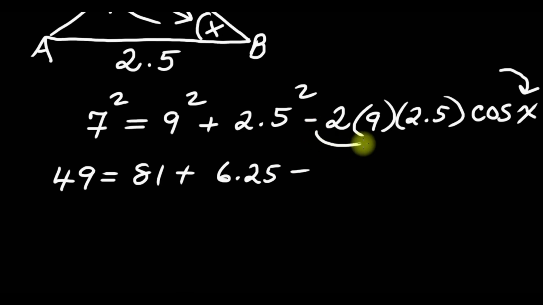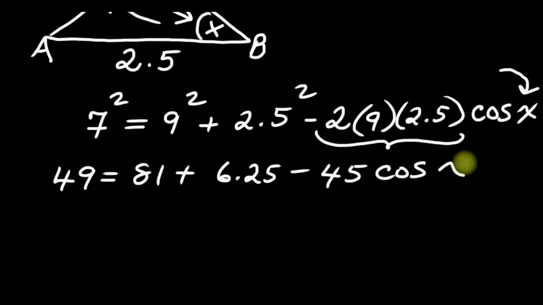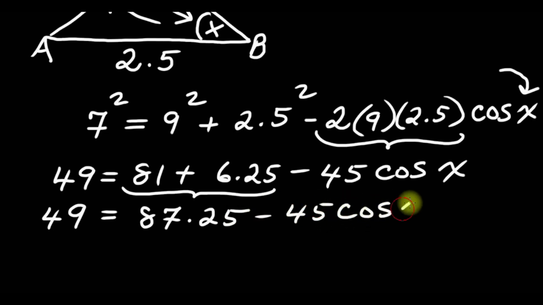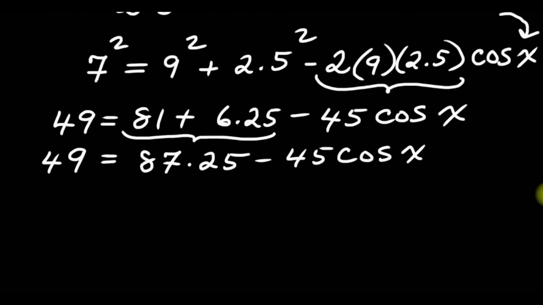Take away, and then we're going to multiply these 3 numbers, and that's going to give us 45, and then cosine x. 49 is, add up these 2 numbers, it's going to give us 87.25, take away 45 cosine x. To solve for x here, I would have to get rid of the 87.25, so minus 87.25, and then minus 87.25 here.